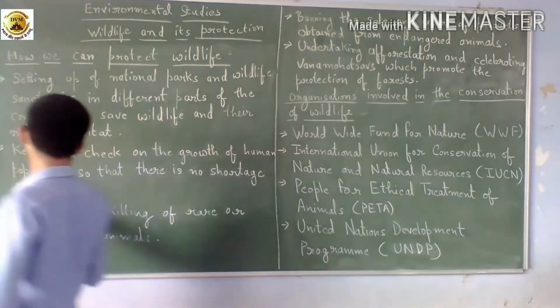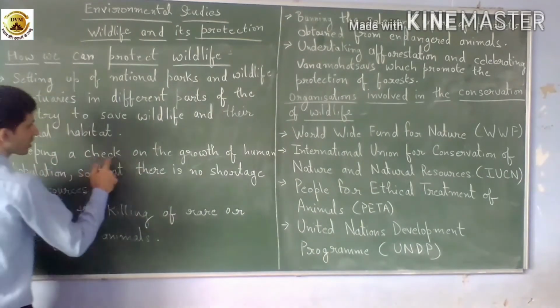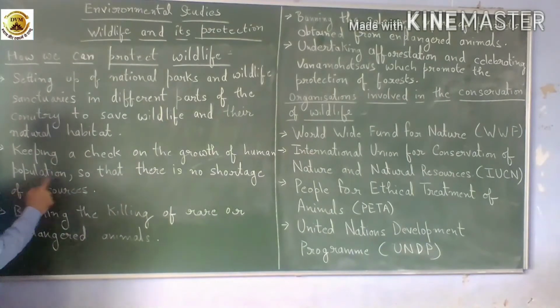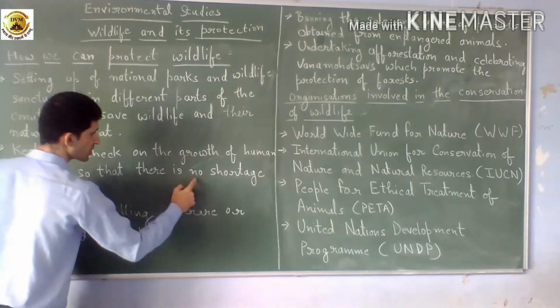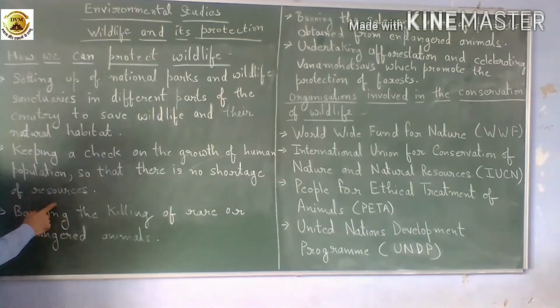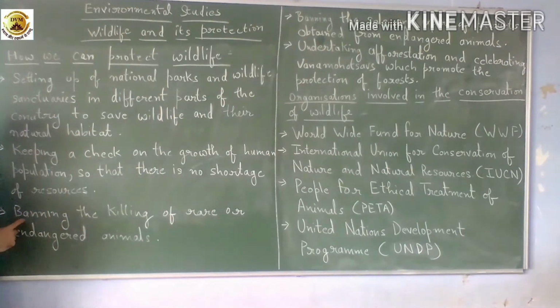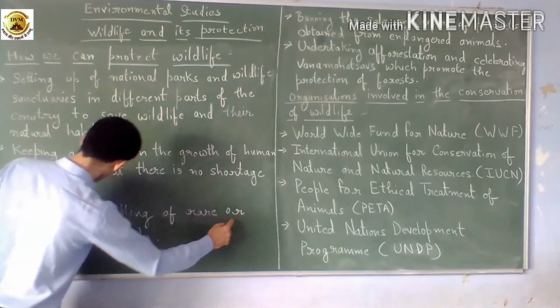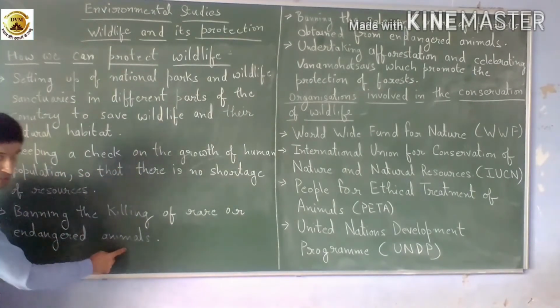Second point: keeping a check on the growth of human population so that there is no shortage of resources. Third, banning the killing of rare or endangered animals.